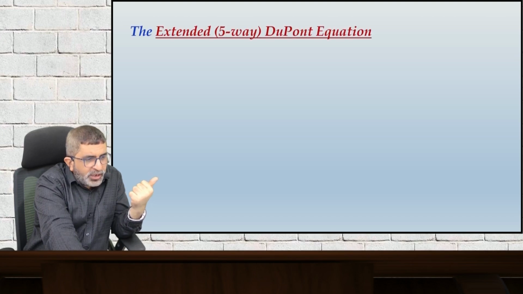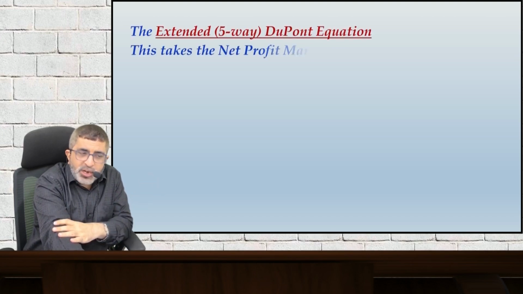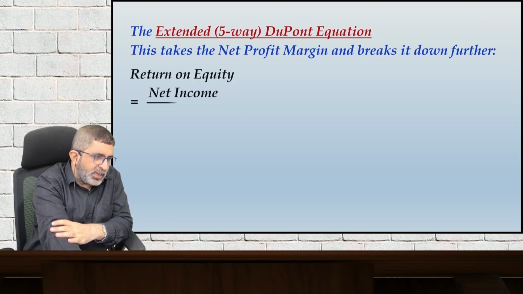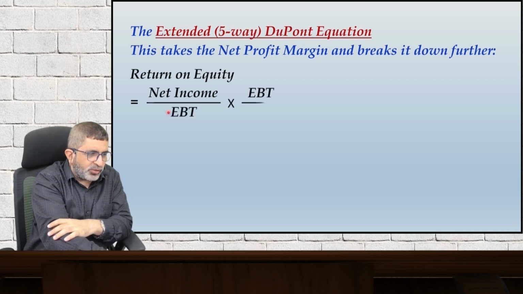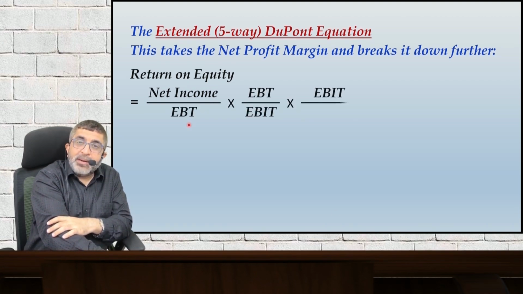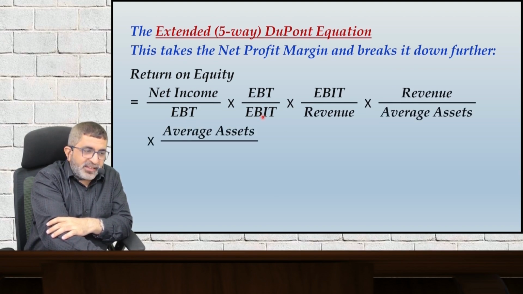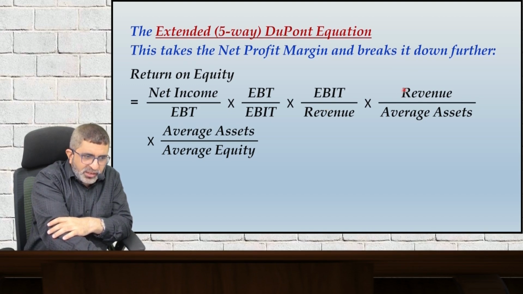So what I am displaying over here, be careful about it. The extended 5-way DuPont equation takes the net profit margin and breaks it down further. So return on equity will be the multiplication of these 5 ratios. Net income divided by EBT, that is the tax burden. EBT divided by EBIT is the interest burden. EBIT divided by revenue is the EBIT margin.